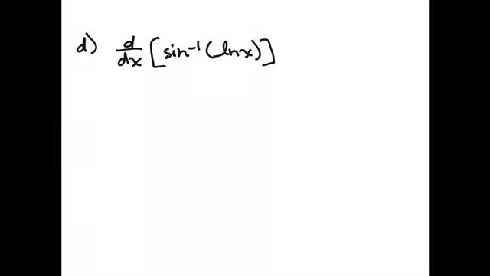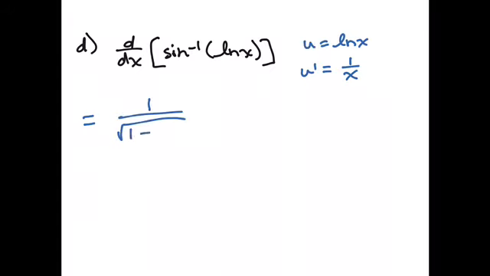Okay, we've got another chain rule going on here where my u is natural log of x and my u prime is 1 over x. So the derivative here is going to be 1 over the square root of 1 minus u squared, where our u is the natural log of x, times u prime.